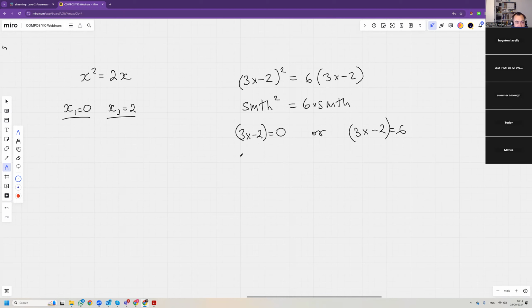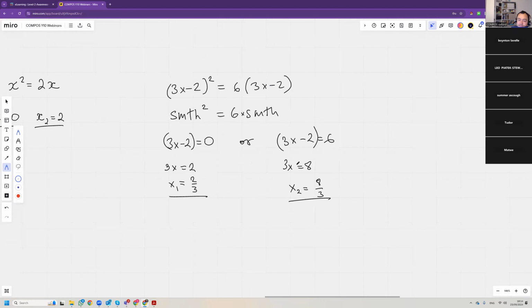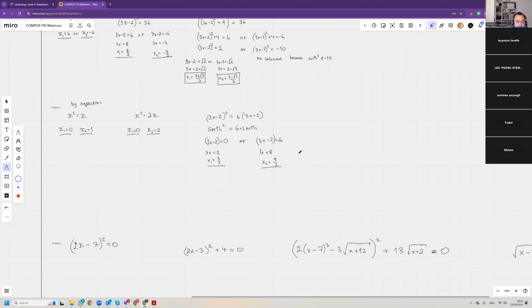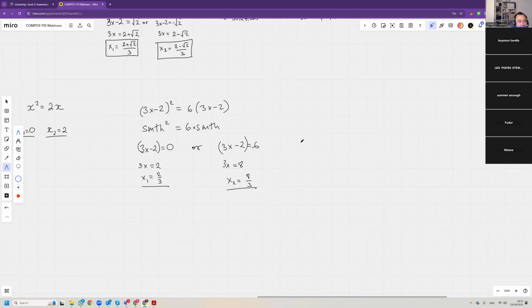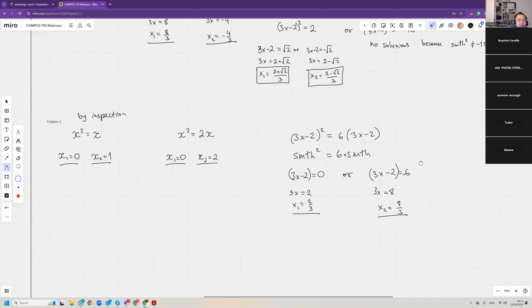And then you have 3x equals 2, x equals 2 thirds, x1 is 2 thirds, and 3x equals 8, x2 is 8 thirds. Excellent. Okay, so that's how you solve by inspection.